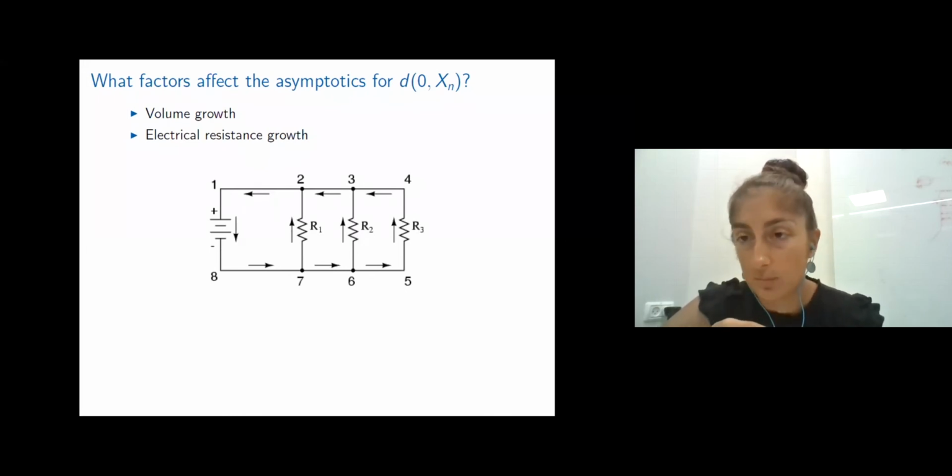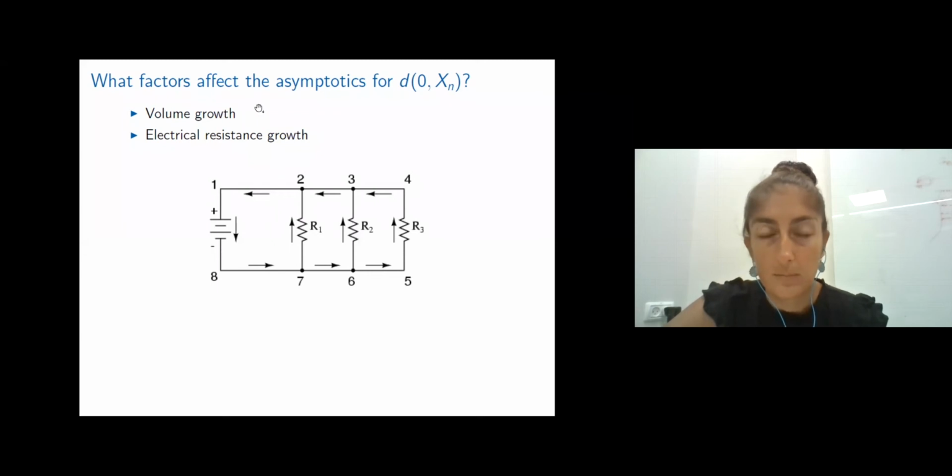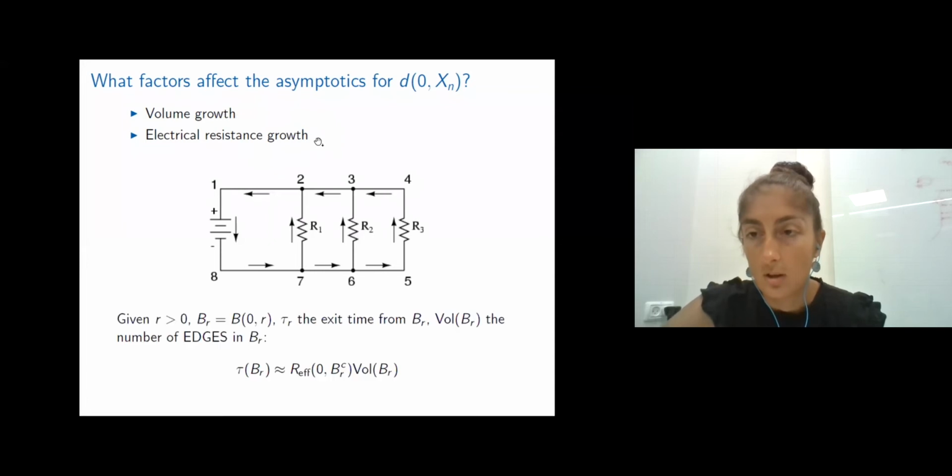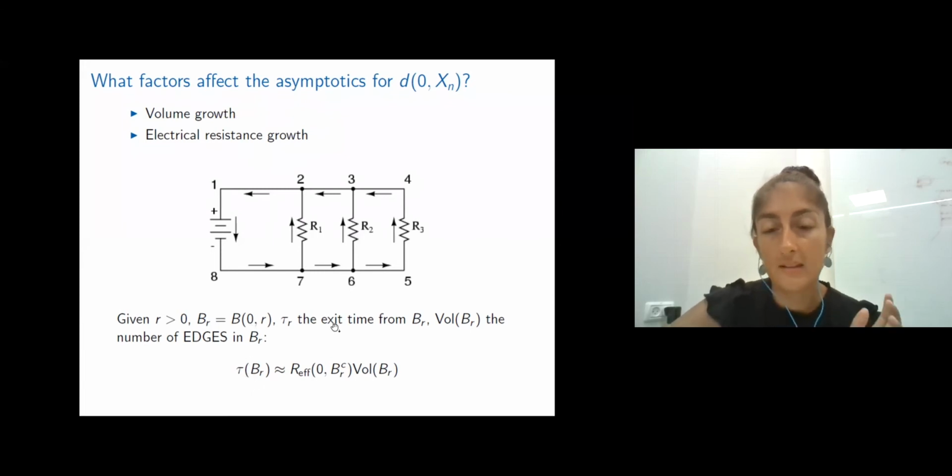And then once you have these 2 pieces of information, so maybe you have an exponent for the volume growth and an exponent for the electrical resistance growth, the heuristic to understand how the random walk behaves is as follows. So if you take a ball of radius r in your graph around your start point, and you start a random walk, say from point 0, the exit time for the random walk should be of order.